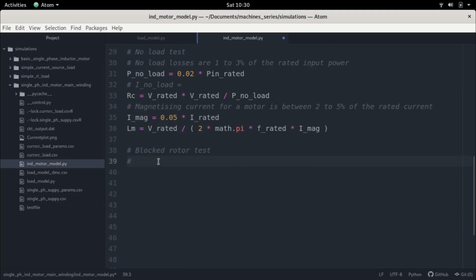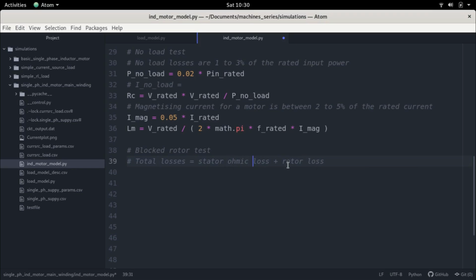So for example, what we say here is total losses is equal to stator loss plus rotor loss. Actually, let me be a little more specific here.